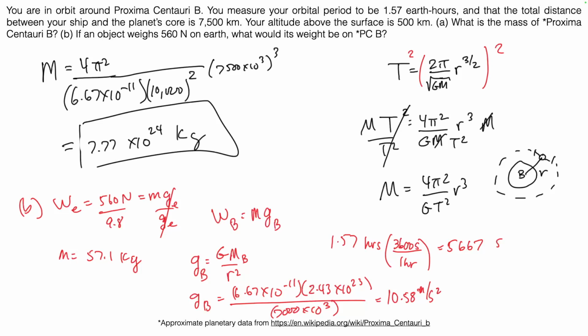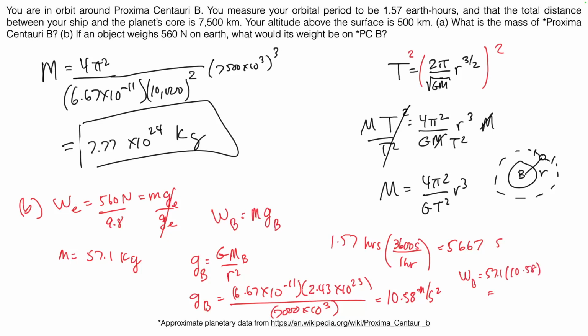Your heart would have to work a little bit harder to pump blood through your body. It's just working against gravity a little bit harder, but again, this is totally within the range of our physiology to be able to adapt to. So the weight on the surface of Proxima Centauri b now is going to be the object's mass, 57.1, times our new gravitational acceleration.